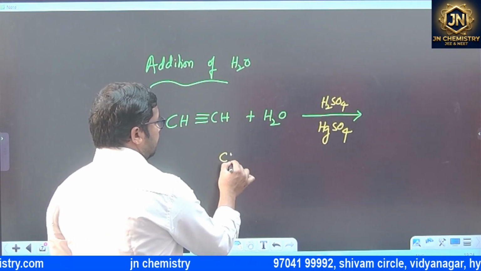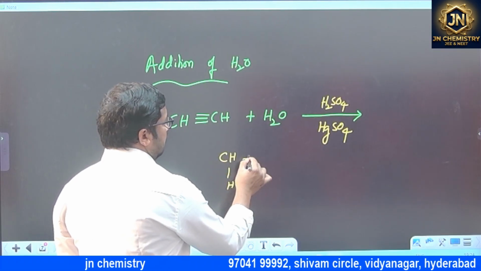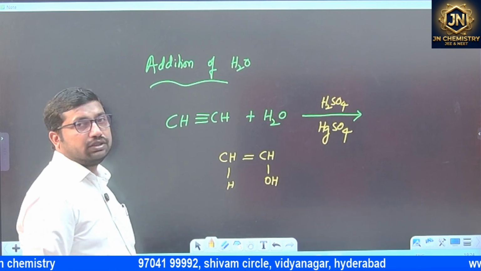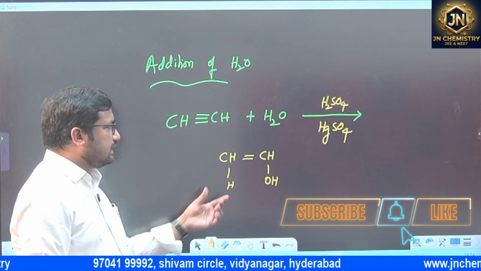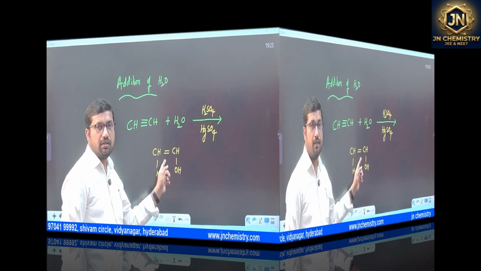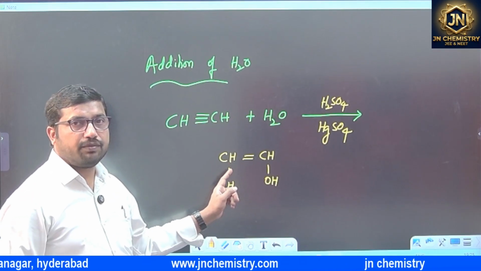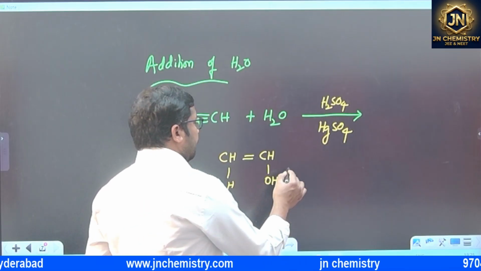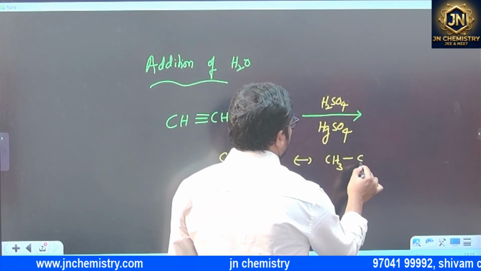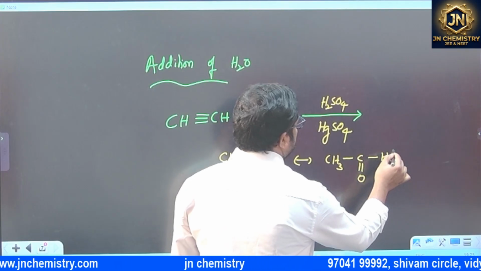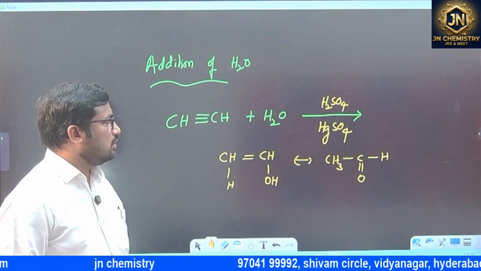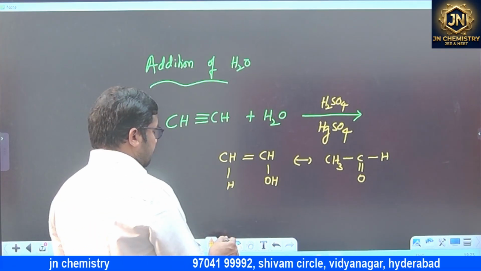H⁺ and OH⁻, first H is attacking the double bond, CH=CHOH. So this is the first step. Which form is it? Enol form. When the enol form is formed, you can write the keto form, CH3, C=O, H. Aldehydes we will get in this case.